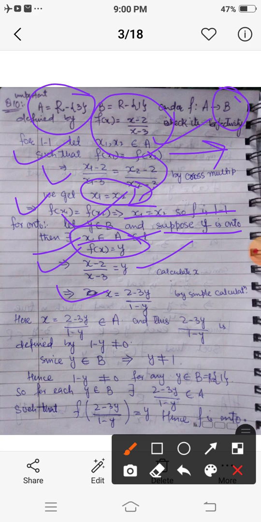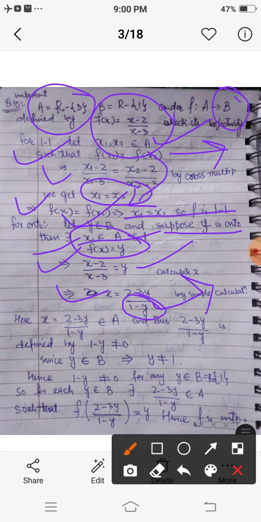Now this is defined when y is not equal to 1, because when y equals 1 the denominator becomes 0, and when the denominator is 0, the number is not defined. So this x is real only when y is not equal to 1.